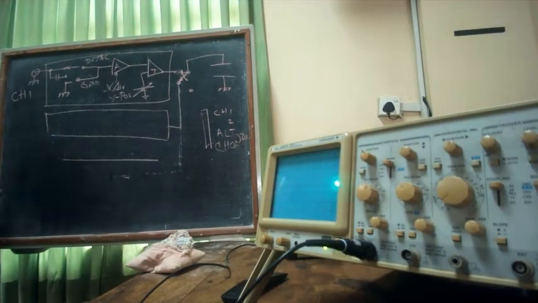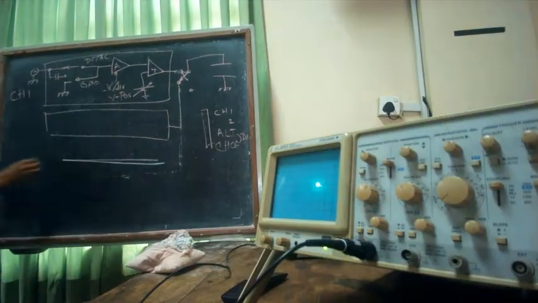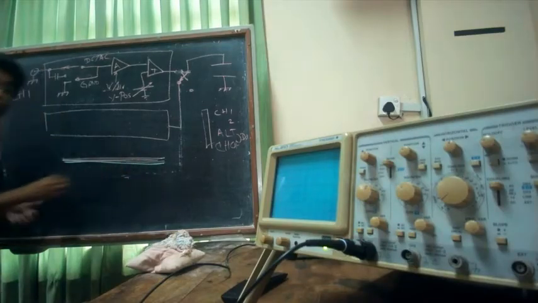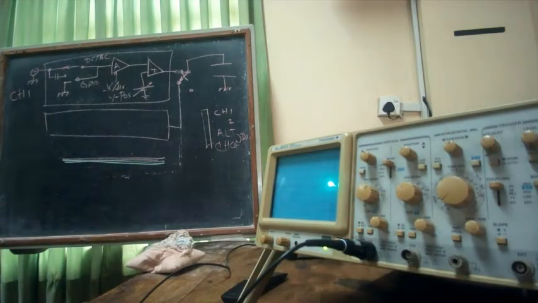Come back, now you apply it for the second channel. Come back, apply it for the first channel. So the whole duration you are applying only one signal. Alternating, that's why it's called alt, right? Alternatively you apply channel 1 and channel 2 to the vertical amplifier.